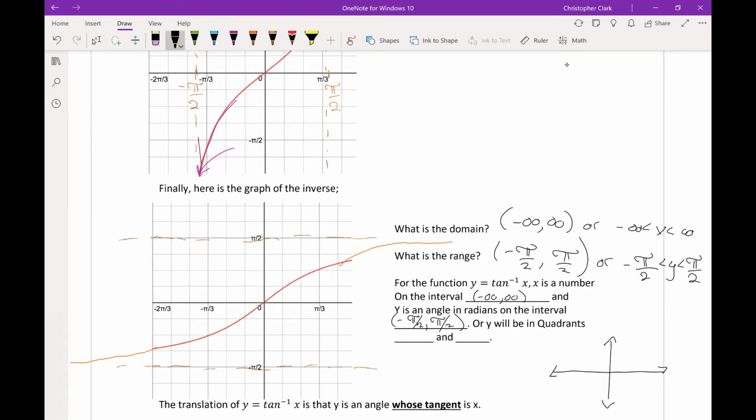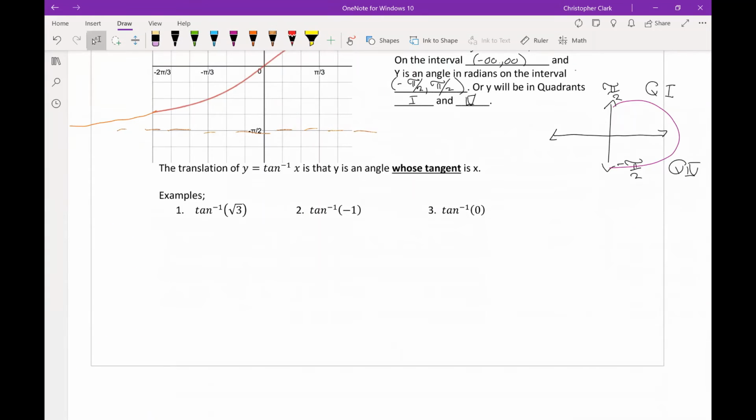So if this is pi over 2, and this is negative pi over 2, then tan inverse is only going to be defined in this section. So we just get quadrant 1 and quadrant 4. So this is quadrant 1, and this is quadrant 4. Okay?